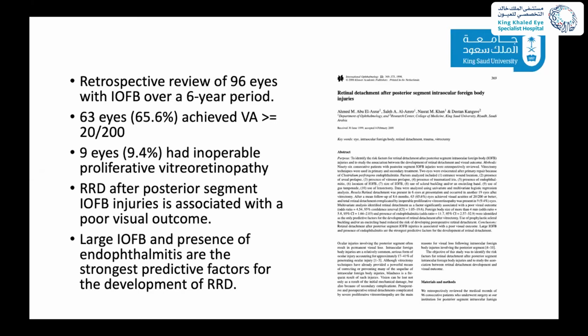Only 9 eyes had inoperable retinal detachment at the end, which represents around 9%. They found that rhegmatogenous retinal detachment after a posterior segment foreign body is associated with a poor visual outcome, obviously, and that a larger foreign body and the presence of endophthalmitis are the strongest predictive factors for the development of rhegmatogenous retinal detachment, as we have mentioned earlier.